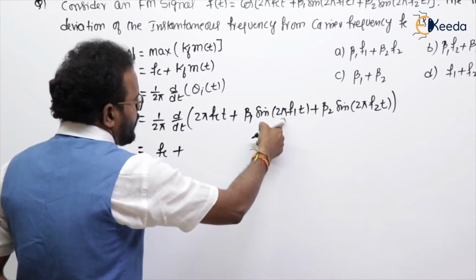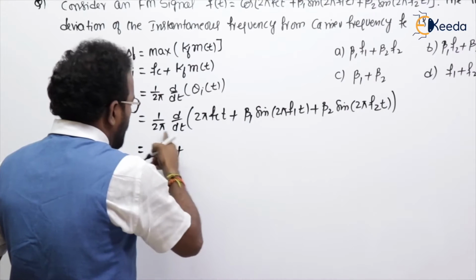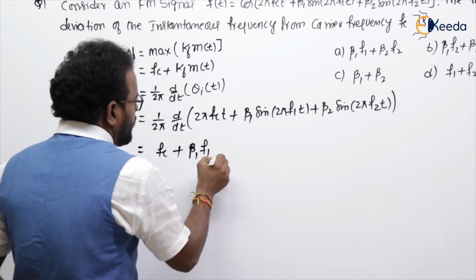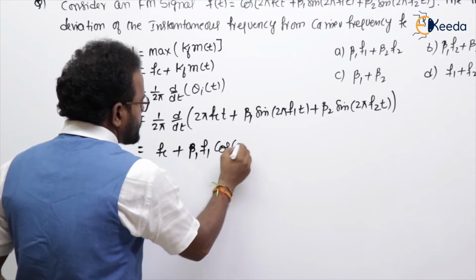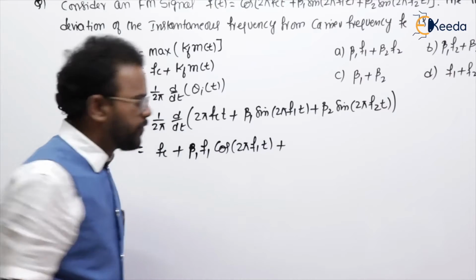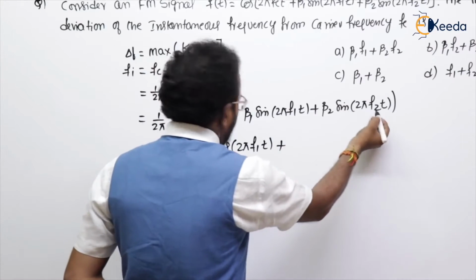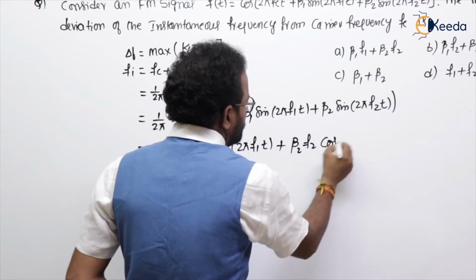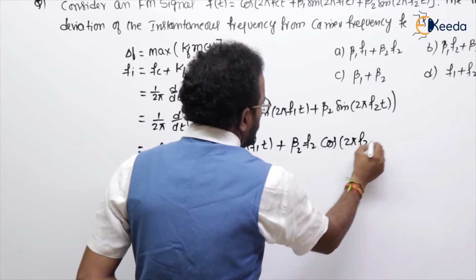Differentiating the next term, 2 pi f1 will come, 2 pi cancelled, remaining beta 1 f1. Differentiation of sine is cos. Are you following or not? Plus differentiate one more time, 2 pi f2, 2 pi cancels, beta 2 f2 cos 2 pi f2 t.